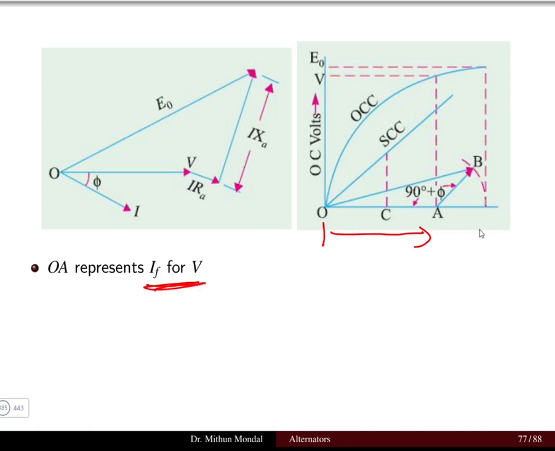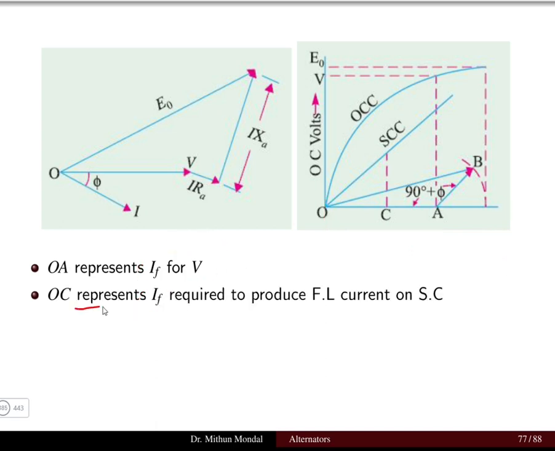Since this x-axis is basically the field current, OA represents the field current for the rated voltage. Then OC will represent the field current required to produce the full load current on the short circuit condition. So here we see this OC represents what amount of field current is required to produce the short circuit condition.